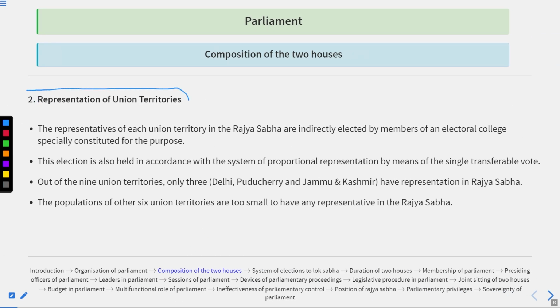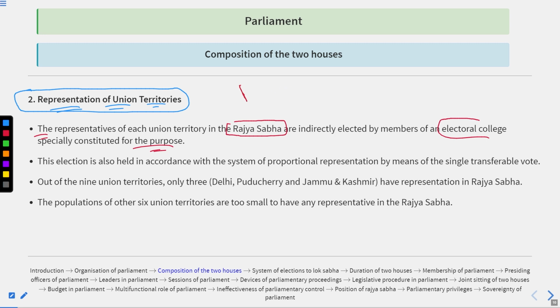After this, now we have the representation of union territories, because we know that seats have been divided between the states and the union territories. So basically the representatives of each union territory in the Rajya Sabha are indirectly elected by the members of an electoral college specially constituted for the purpose. Why?